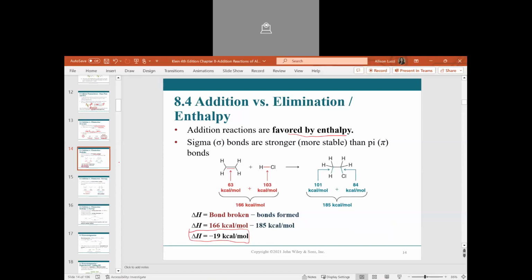We note also that sigma bonds are stronger, because they have head-to-head overlap, versus pi bonds, which we know are side-by-side overlap of p orbitals. So that's where these values derive from, these sigma bonds or pi bonds, and we end up with an enthalpy-favorable addition reaction.